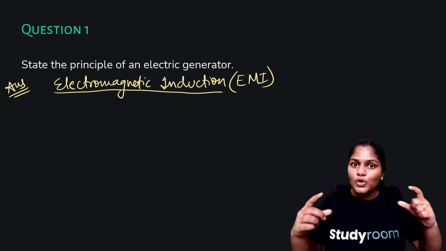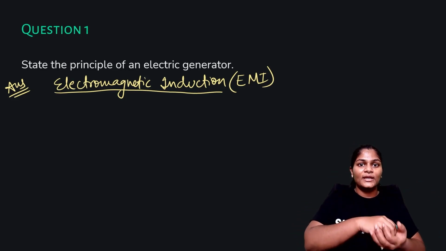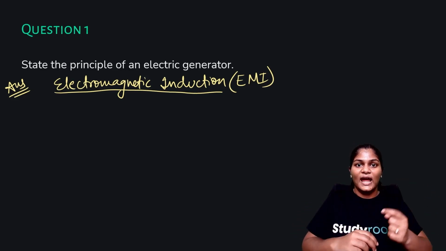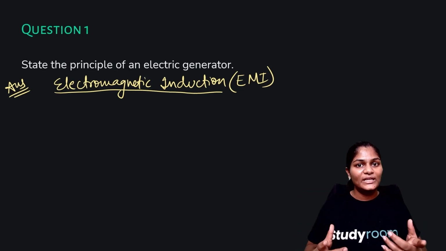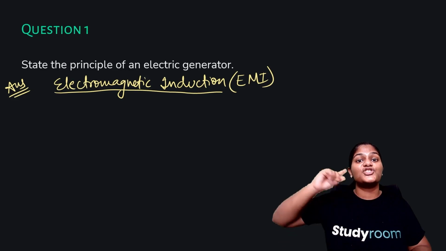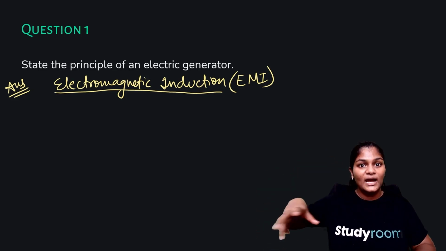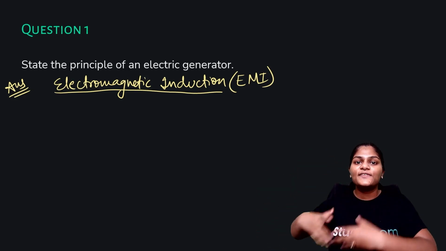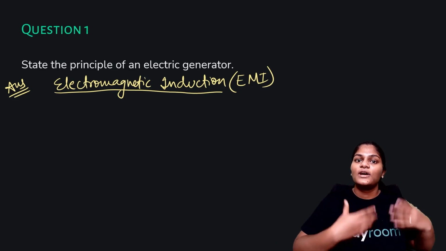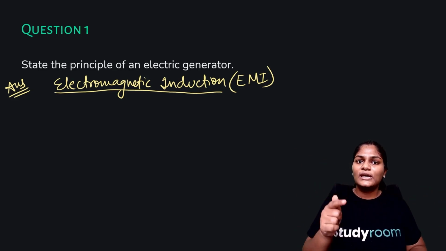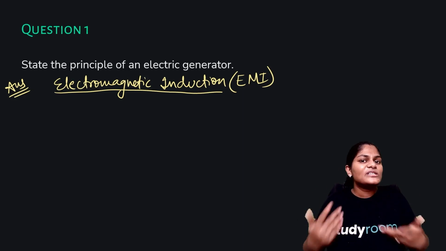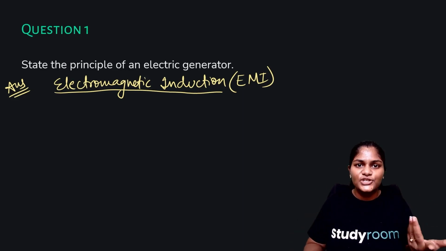Or when we had two coils, when we switched the key in, there was a quick current generated, and when we switched off the key, there was a quick current generated. So what was happening there? We said that the changing magnetic field around the conductor gives rise to an induced voltage, which gives rise to an induced current. So can you think, in the generator, how is the magnetic field around the conductor changing?